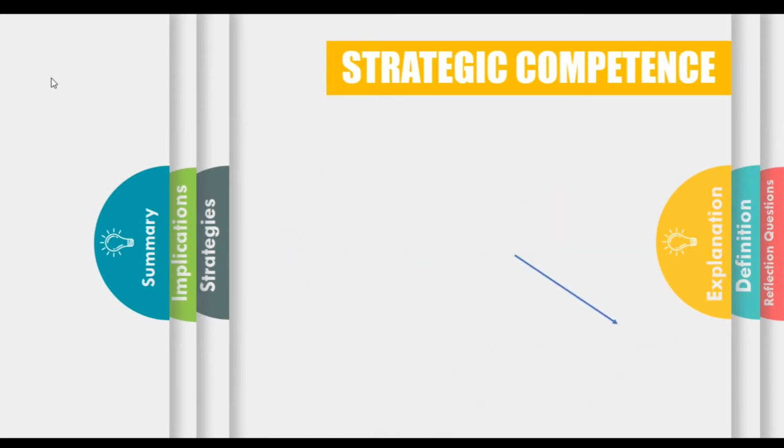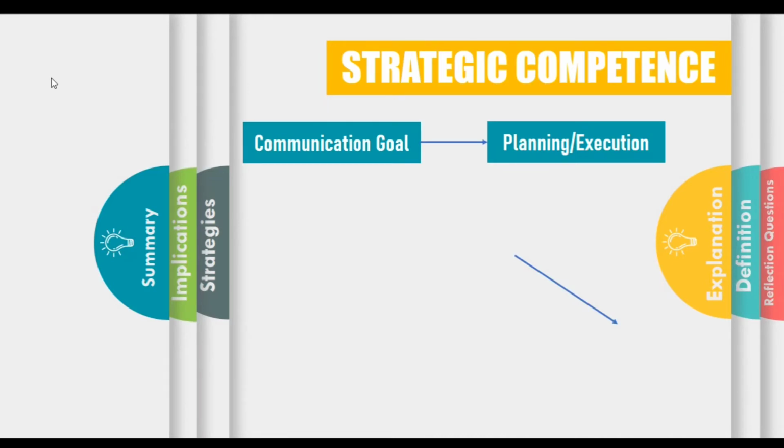I will be showing you a diagram which is adapted from a well-known study by Faerch and Kasper, which shows oral interaction. We could say that in oral interaction, we have some kind of communicative goal and we set out to make a plan and execute it.